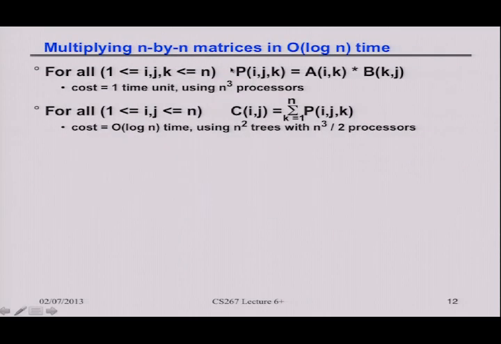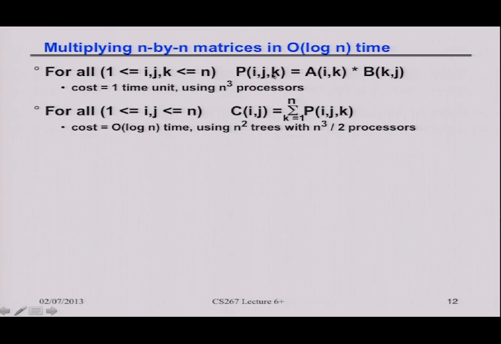So let me do some really simple ones. I want to multiply n by n matrices, and I want to do it in log n time. I don't need parallel prefix for that. This is just reduction trees. So what I need to compute is all of these products, a_ik times b_kj, and add them up. So the first thing I do in one step with n-cube processors is compute all the n-cube products that I need.